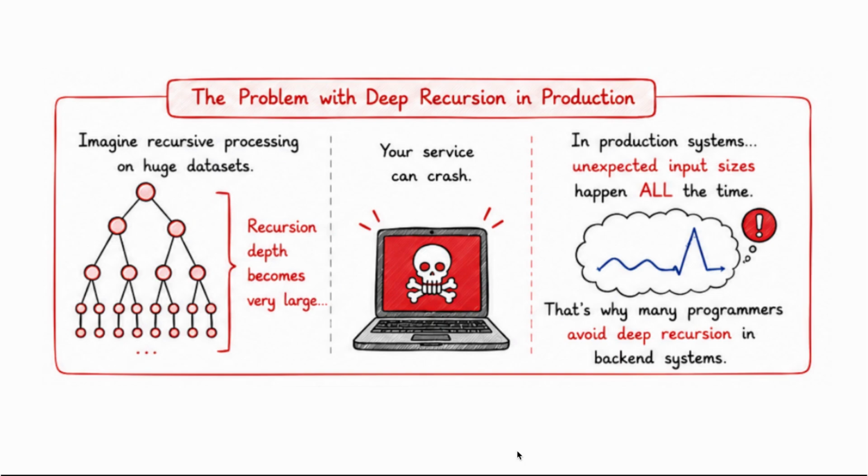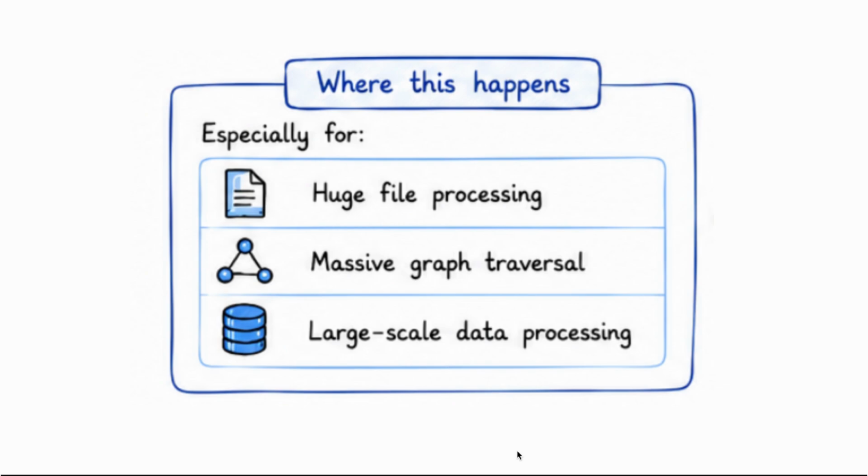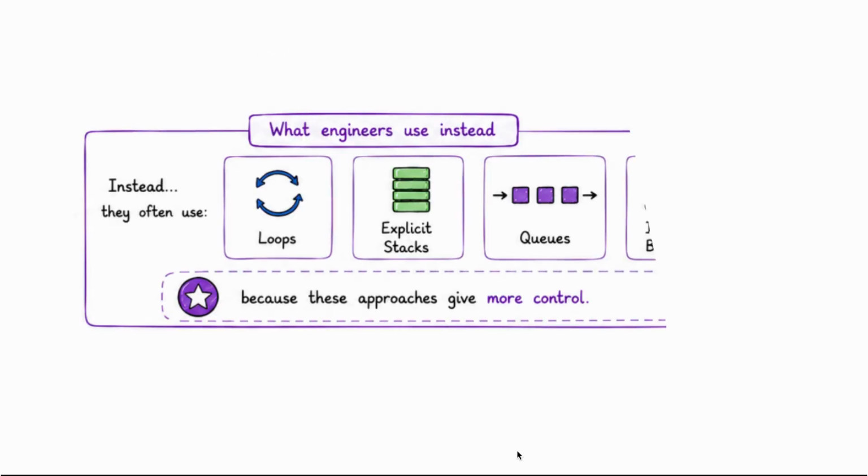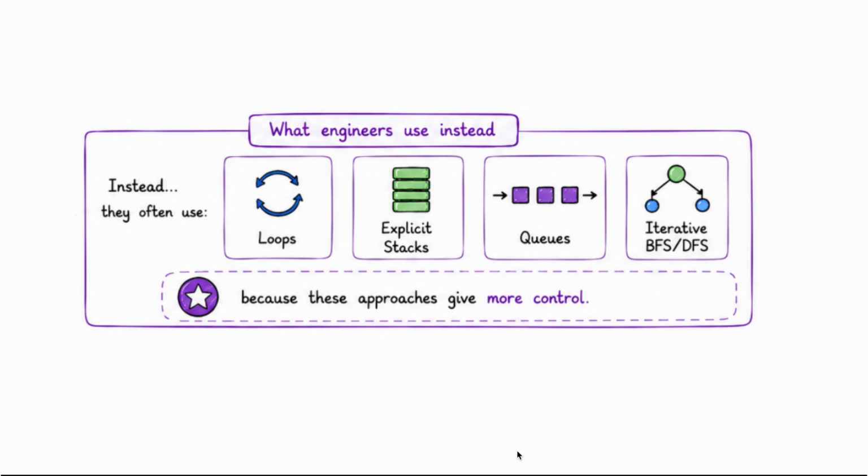And in production systems, unexpected input sizes happen all the time. So that is why many programmers avoid deep recursion in backend systems, especially for huge file processing, massive graph traversal, large scale data processing. Instead, they often use loops, explicit stacks, queues, iterative BFS and DFS, right? Because these approaches give more control.